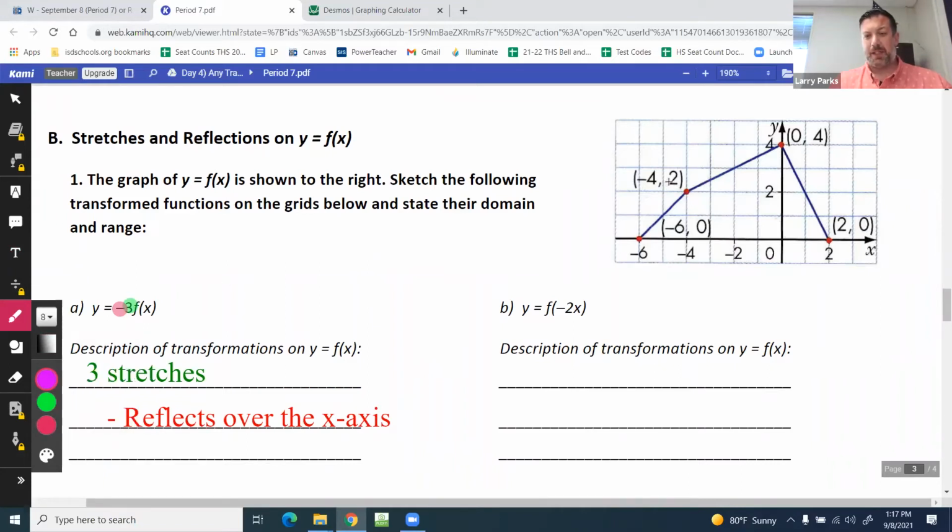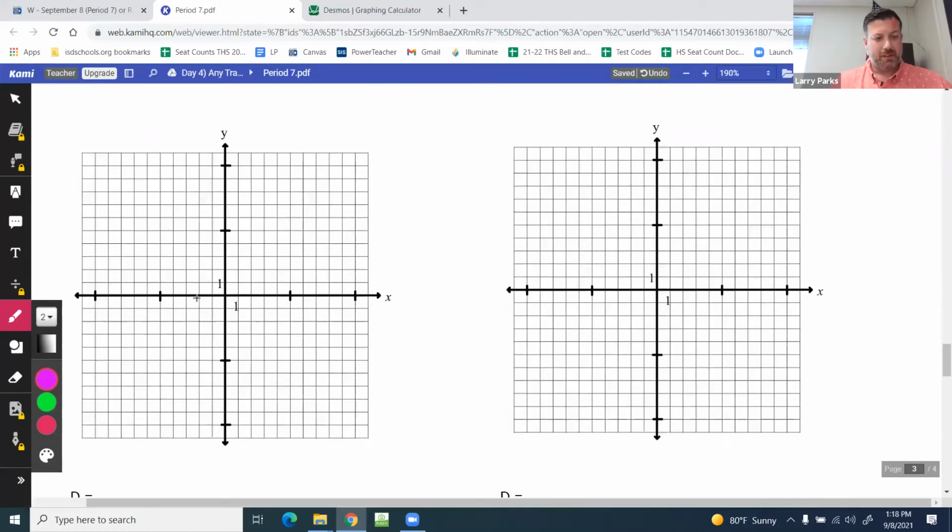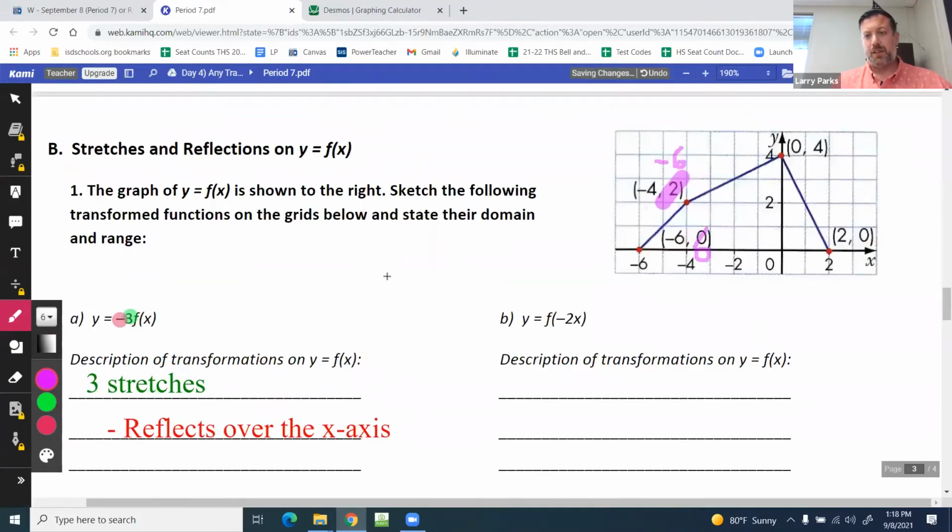So the new one, if we multiply this by -3, that becomes -6. So I'm going to go plot -4, -6. Now let's start with this one. If I multiply that by -3, 0 times -3, that's still 0. So I'm going to go plot -6, 0 right here. And then I multiply this by -3, that becomes -6.